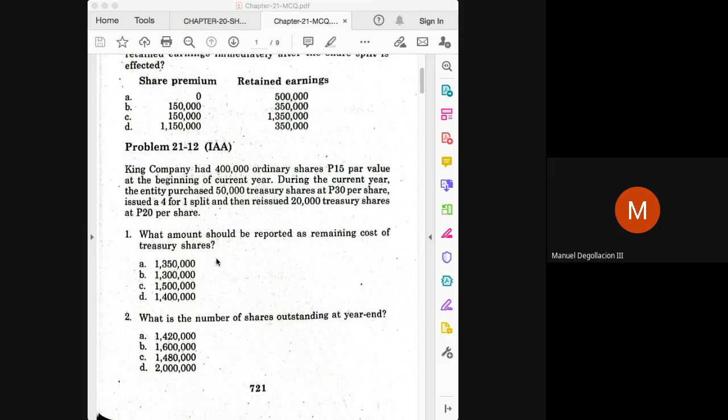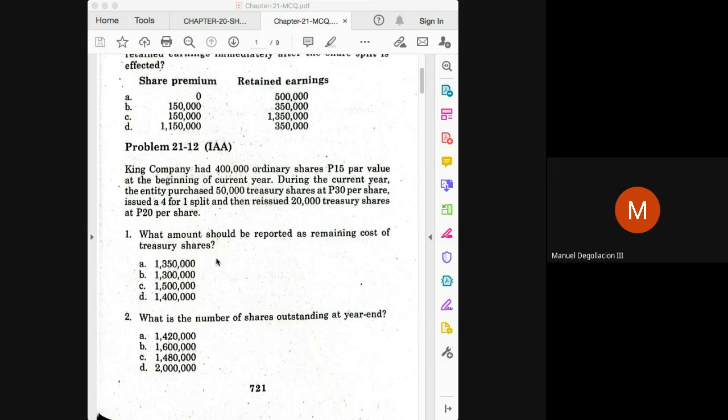So here, at the start of the year, we had 400,000, but during the year, the entity purchased 50,000. But I do not want you to deduct the 50,000 yet. I just want you to monitor how much we have issued. Our last step would be to deduct the treasury shares.